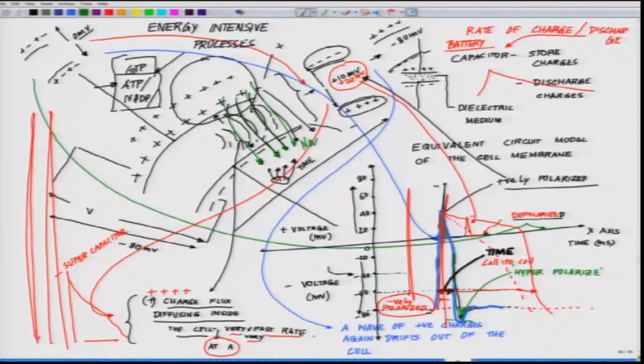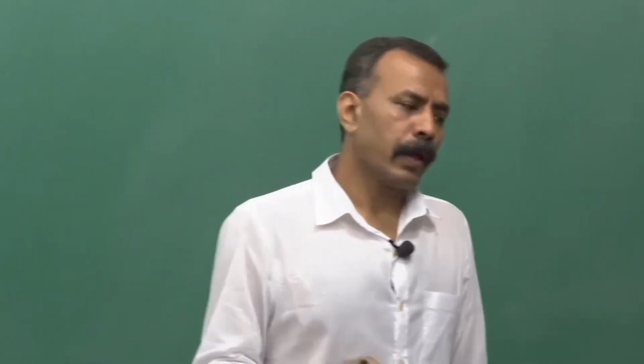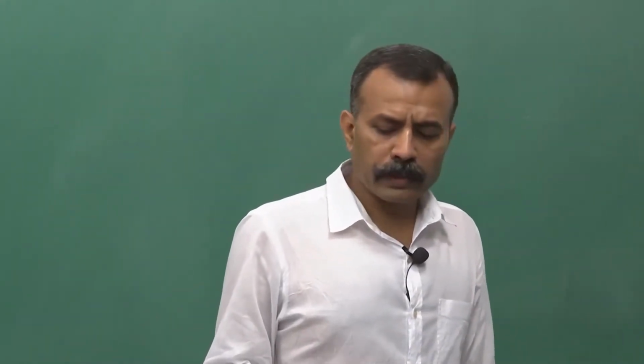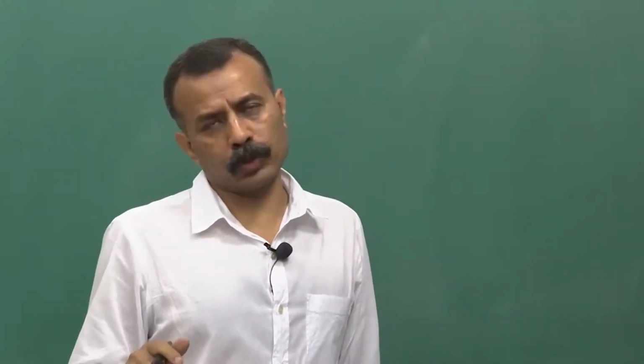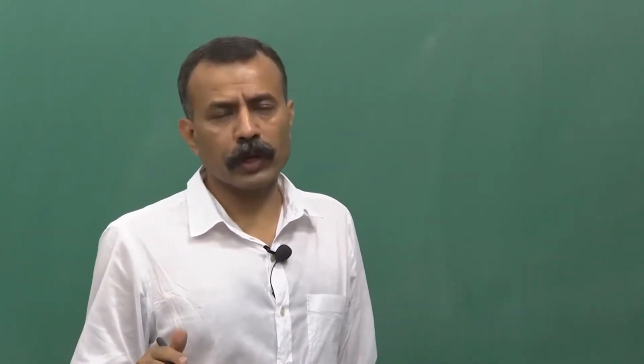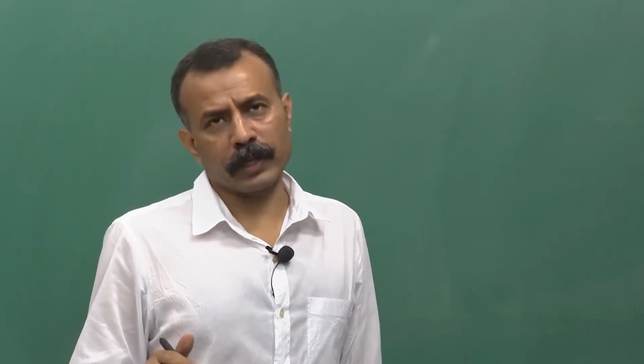Okay? I mean, we are developing the story in a systematic way. But then what we observe is that there is a large amount of positively charged ions which goes out. Are those sodium or are those something else?